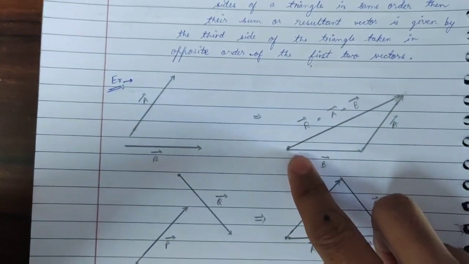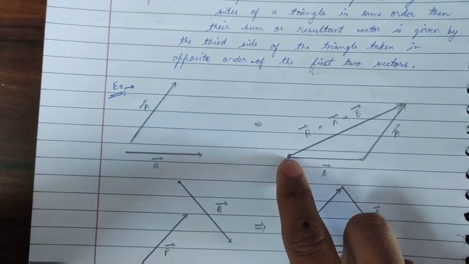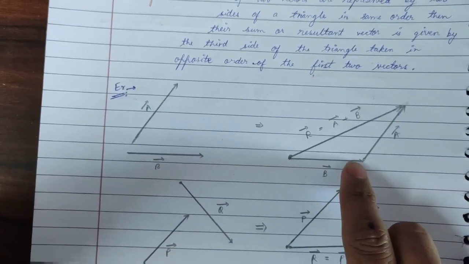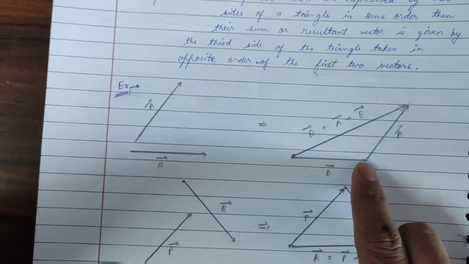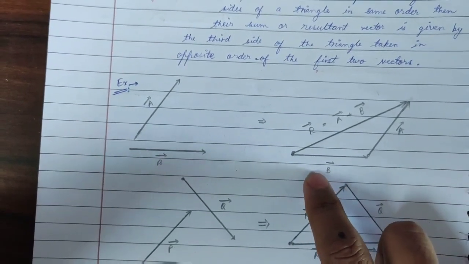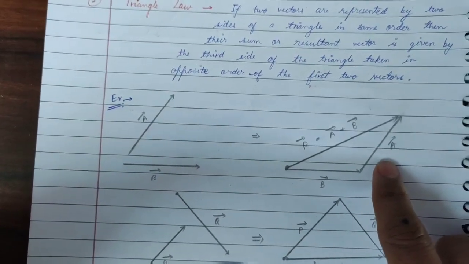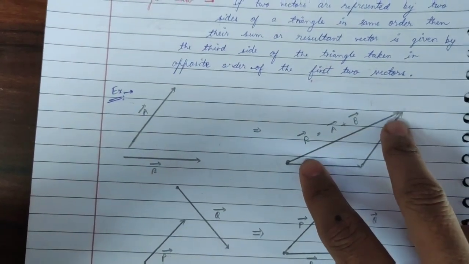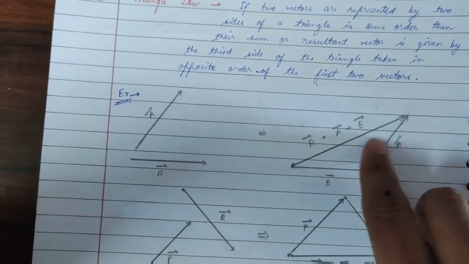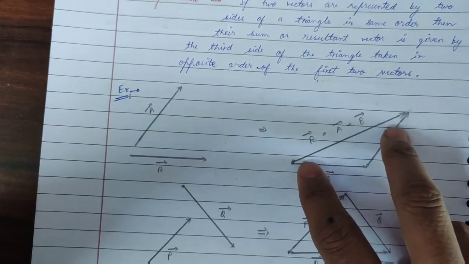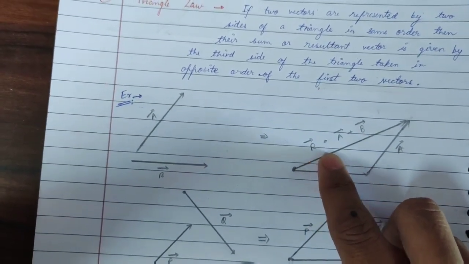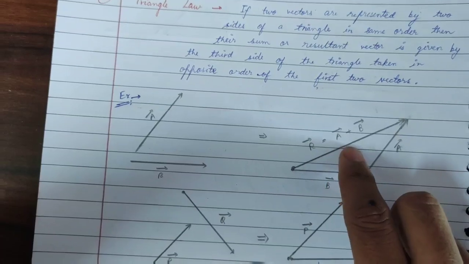Okay, now same order means head of vector B is connected to the tail of vector A. Now resultant vector will be this one. Now it is forming a triangle. So now resultant vector R is equal to vector A plus vector B.